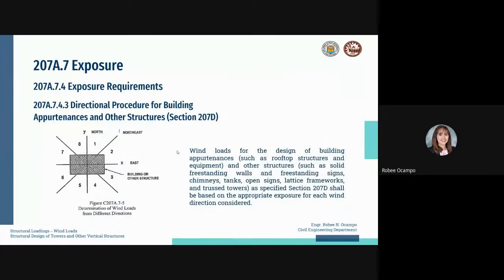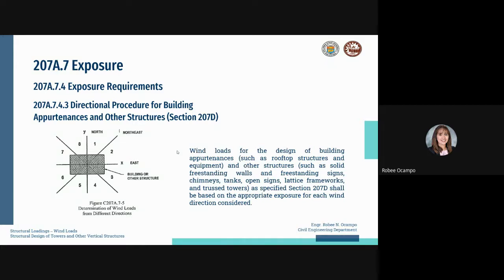Okay. After determining our exposure categories, we can now go on to other requirements regarding our exposure. For the directional procedure for building appurtenances and other structures, this is Section 207B. I did not include the one for buildings. We'll just discuss the one for appurtenances and other vertical structures.